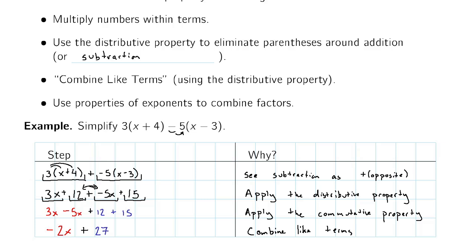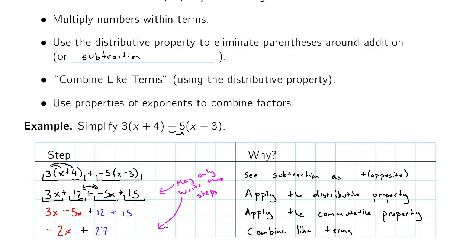Now, I've written out not all of the gory details, but a lot of the gory details of this process. If I met this problem in the wild or wanted to simplify this as part of a larger problem, I would probably only write that step where I've distributed and then just the final result. I wouldn't necessarily write out the details of rewriting subtraction as adding the opposite or the details of rearranging the terms.